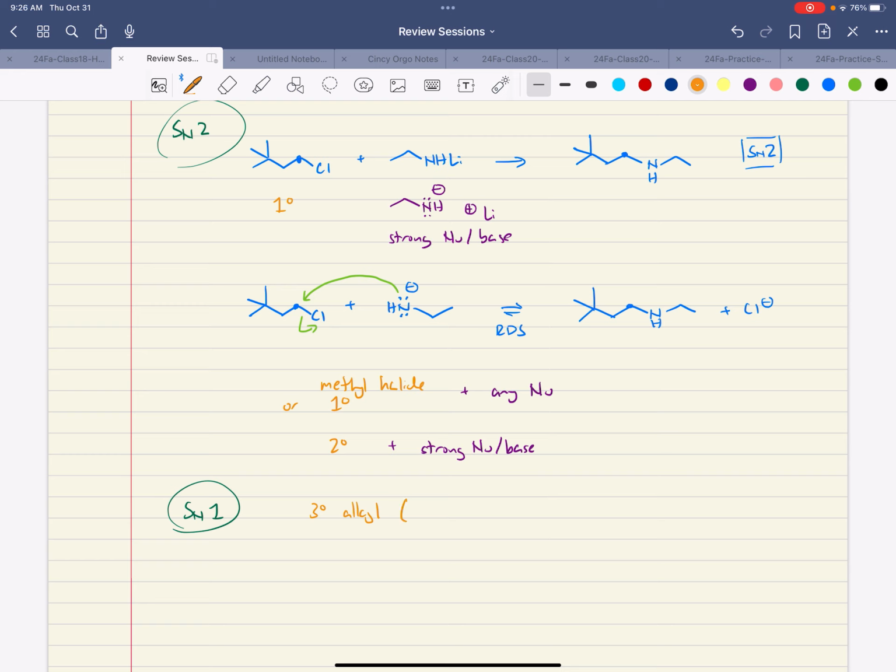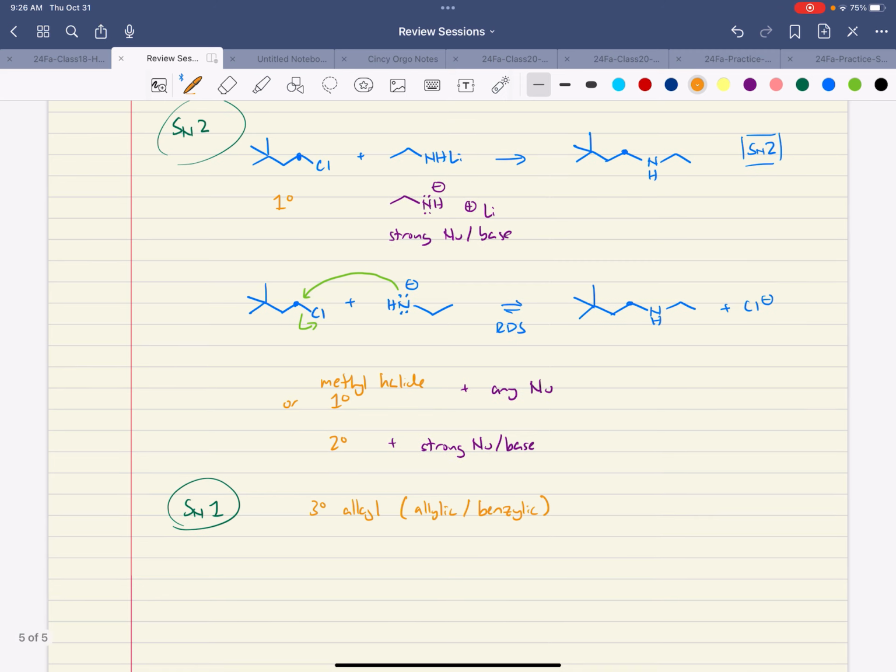But also we went over in class the idea that a stabilized carbocation can also go through SN1. So if you have any alkyl halide that's allylic or benzylic, even if it's primary, if it's primary benzylic, it's SN1. A primary allylic, SN1. And this would be with any nucleophile.